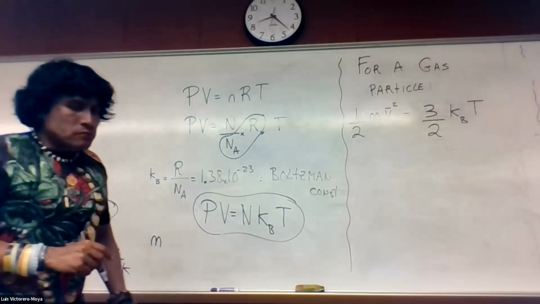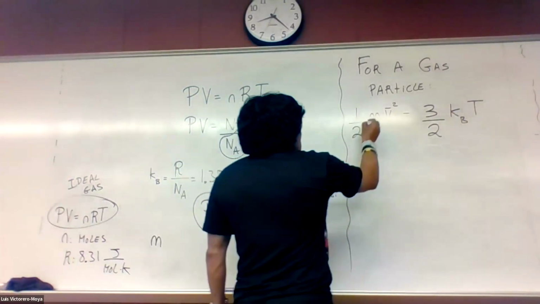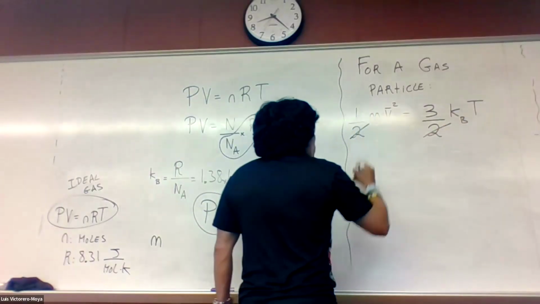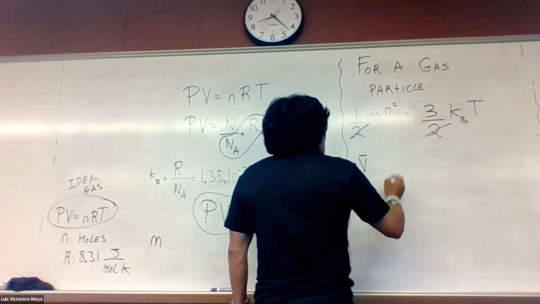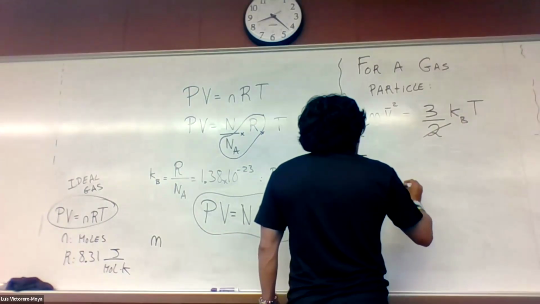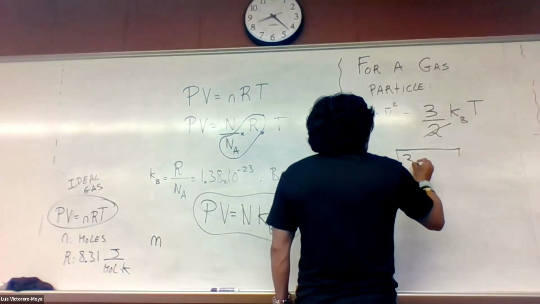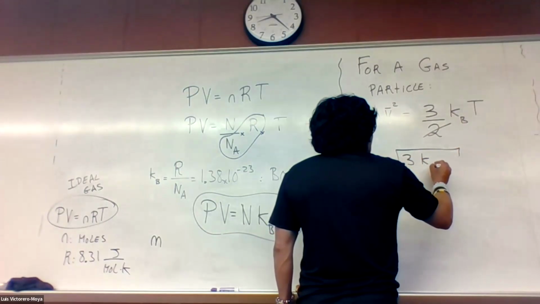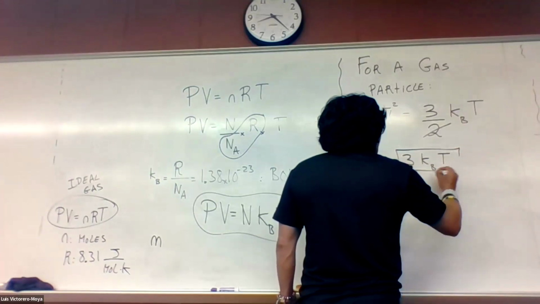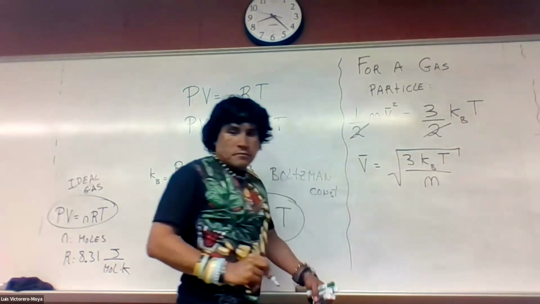So that's where we get that. So I can find my root mean square velocity, which is the square root of 3 kB temperature over the mass.